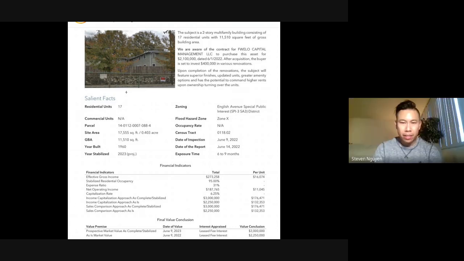Yeah. So the cap rate is going to be like, what, half the income is 135K roughly, and then you divide by 2.1 million, so that's a 6.45 cap. So that's not terrible, but then that's stabilized. It's a 6.25, right?